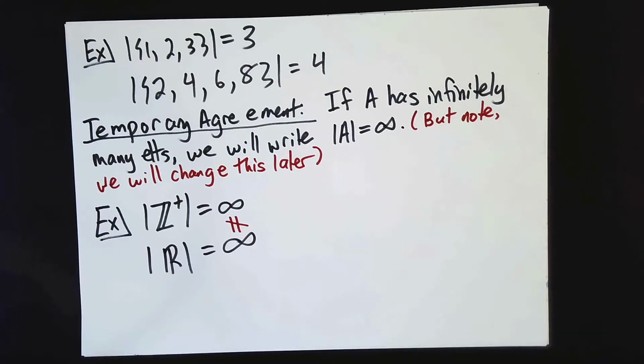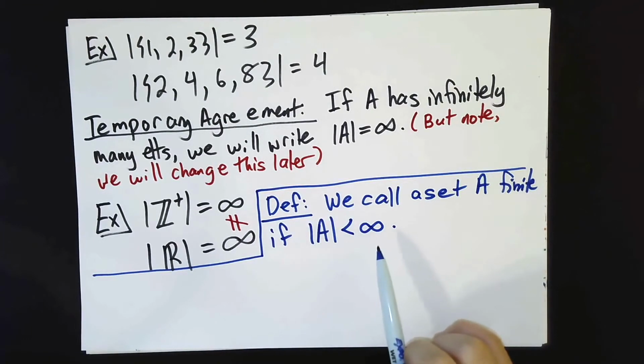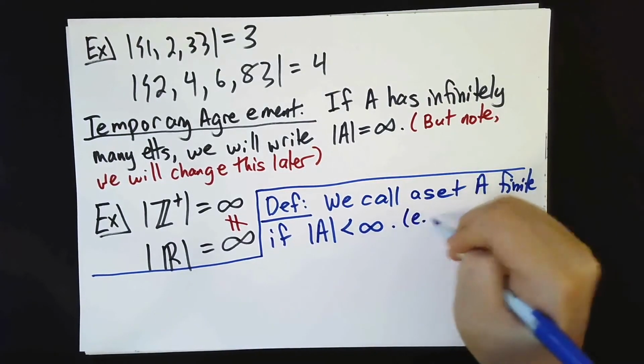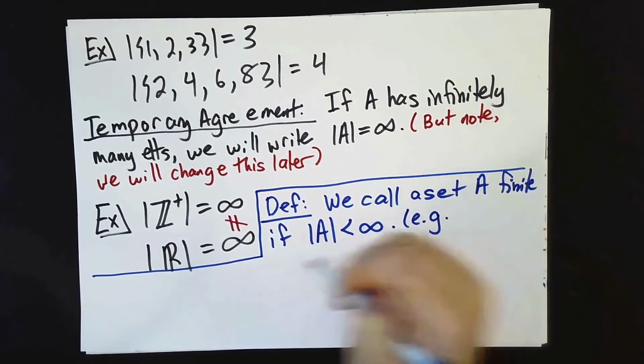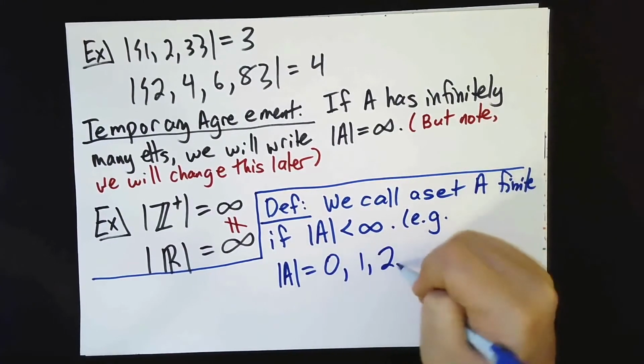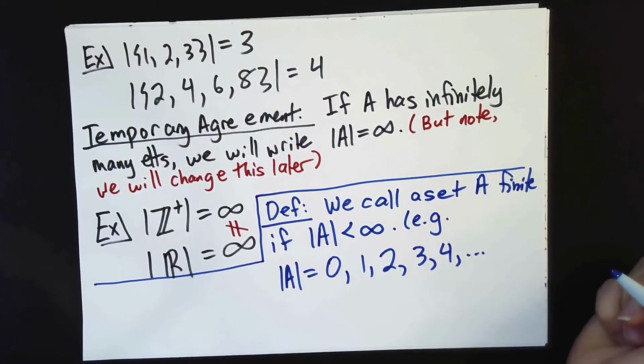Again, I just want to explicitly call out that we call a set finite if its size is strictly less than infinity. So all I'm saying here is that the size of A is 0, 1, 2, 3, 4, ... but not infinite.